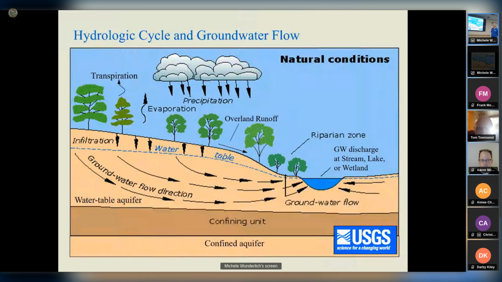So we'll start with the hydrologic cycle. Precipitation is the ultimate source of fresh water for groundwater systems that would be of interest. When that comes down in the form of rainfall or snow melt, it can take a few different pathways once it reaches land surface.